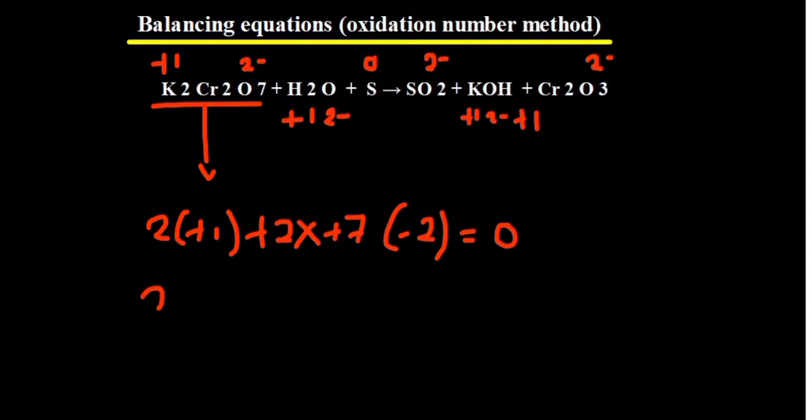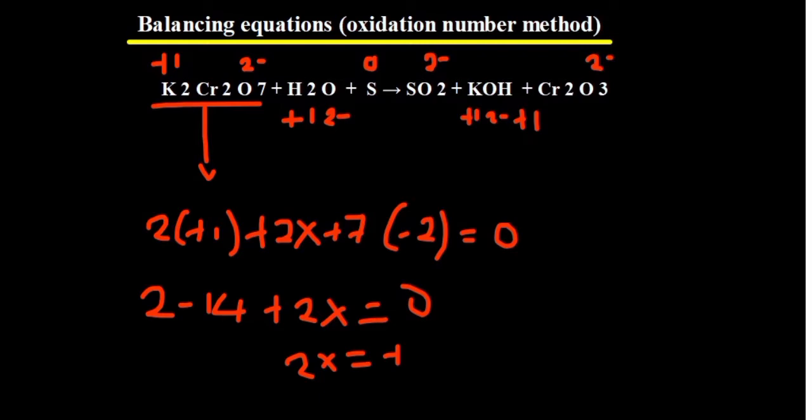So we've got 2 minus 14 plus 2X is equal to 0. So you find that 2 minus 14 is -12. So you have got 2X being equal to plus 12. And you find that the oxidation number of chromium is going to be 6 on the left hand side. So you have 6.